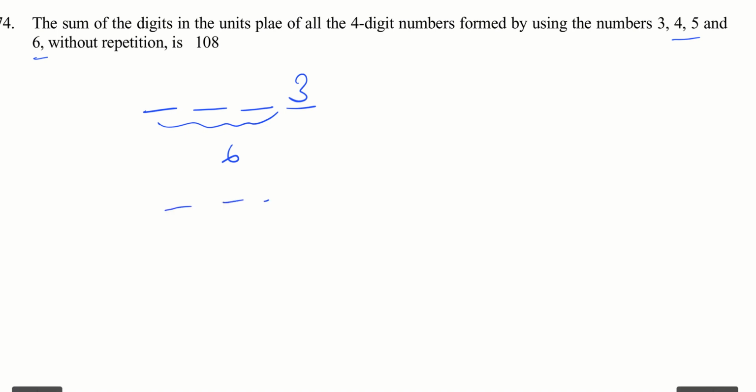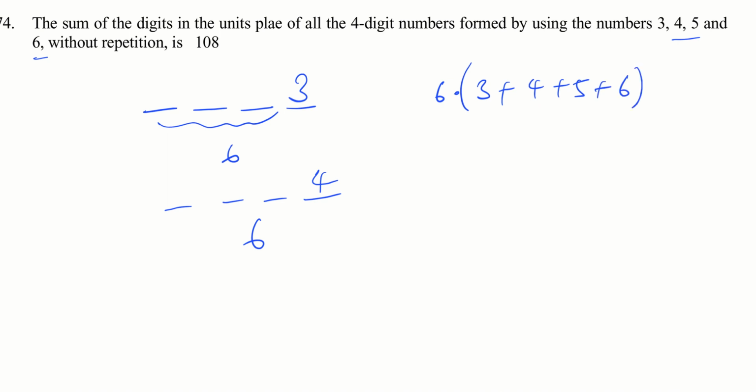Similarly, 4 comes in the units place for 6 times. So if I add the units places, I'll have 3 for 6 times and 4 for 6 times, like that. So it is 6 into (3 plus 4 plus 5 plus 6). So simplifying, you'll have the answer as 108.